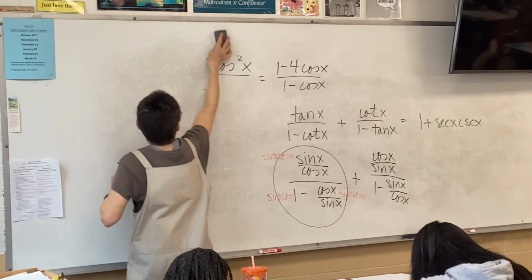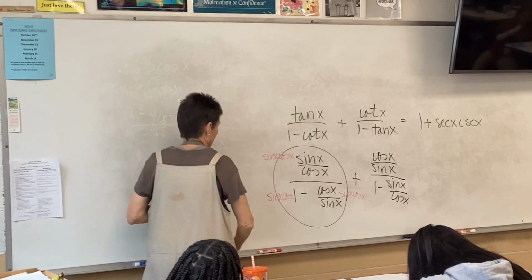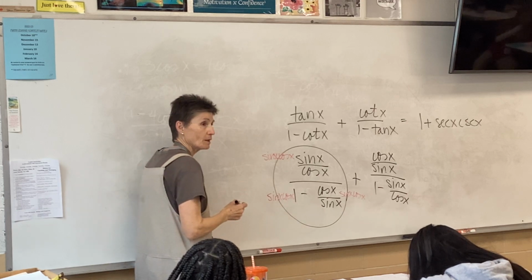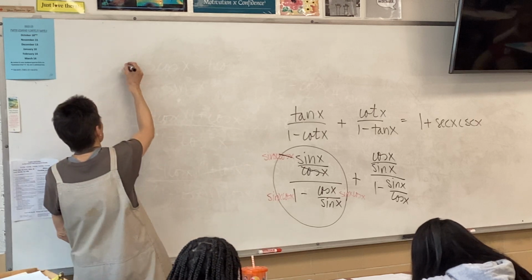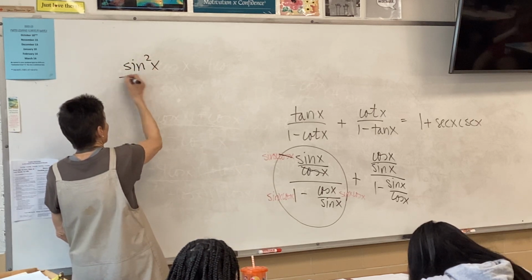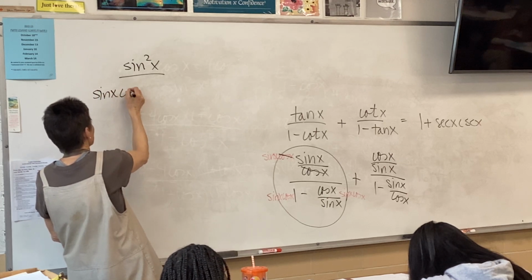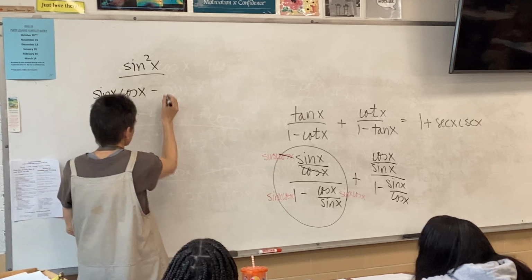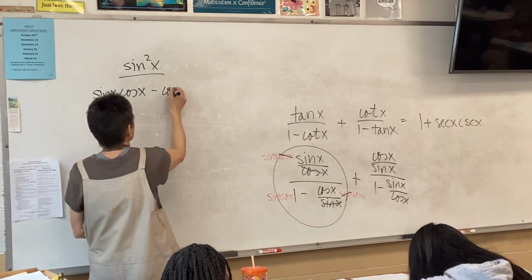What do I have left on the top? Anybody awake out there? The cosines cancel. So I'm left with sine squared over sine cosine, nothing to do with that, minus cosine squared.